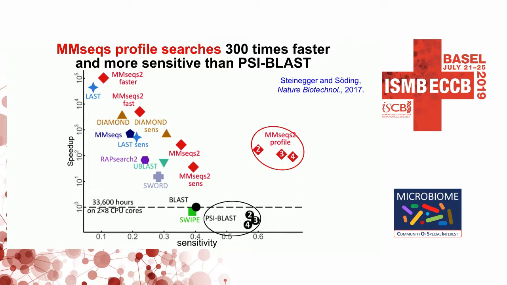And this is the speed up in comparison to BLAST, and you see that MMseqs is here on the upper line of all these various tools that were available. Some of the best are here, Diamond and Last, and you see that we are still quite a bit better.